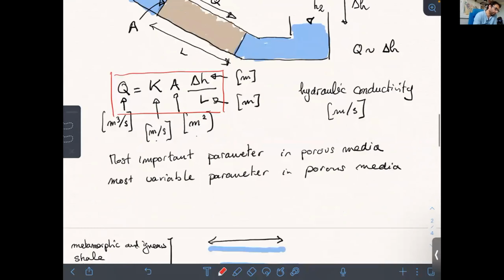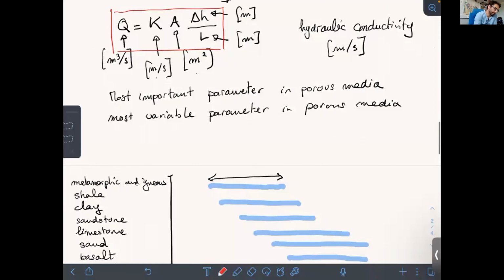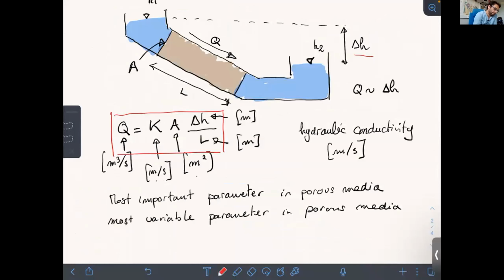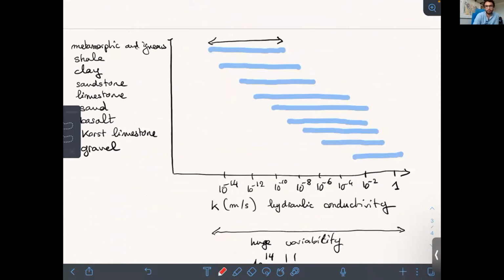So this means that for a given pressure difference, so a given difference in level, delta H here, we will have a huge difference in the flow.